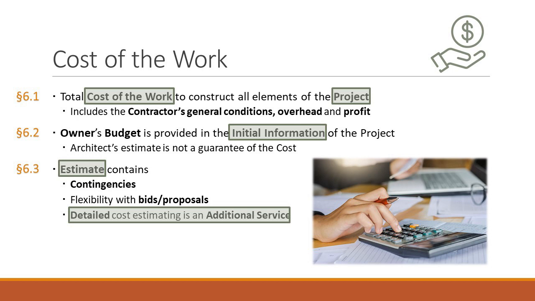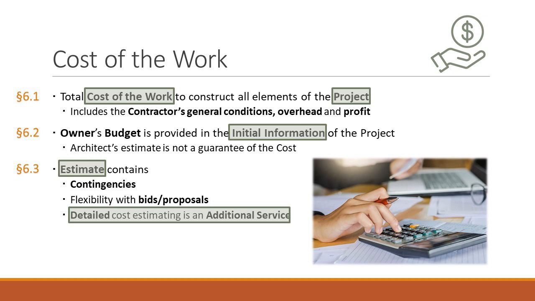So what this says, the last part of this provision, is that I know I'm the architect and under Article 3 at the end of schematic design, design development, and construction document phase, at the end of each of those three phases, I need to update my estimate for the cost of work. And I need to make sure, as I'm communicating with the owner, that my estimate stays within the owner's budget. And if it goes out of the budget, we have to have a conversation. So that's all in Article 3, and we talked about that last week.